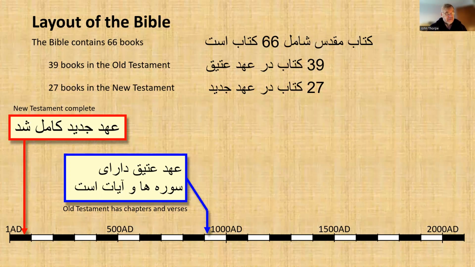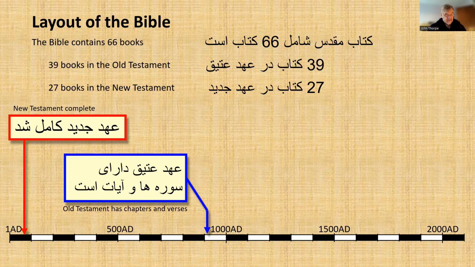So there are Jewish manuscripts from just after the year 900, which have marks in that say this is where the text changes chapter, this is where the text changes verse.